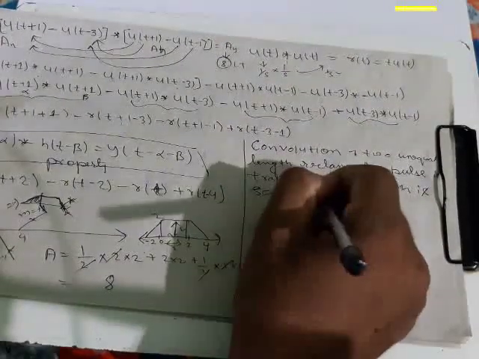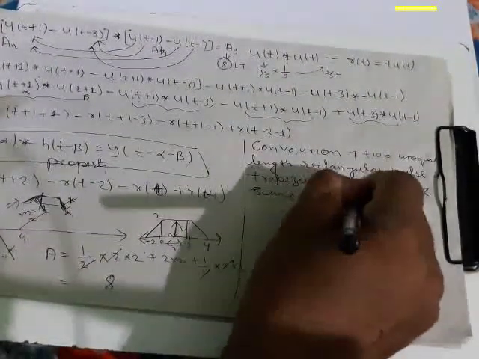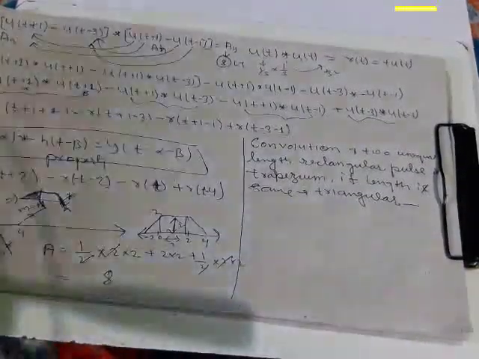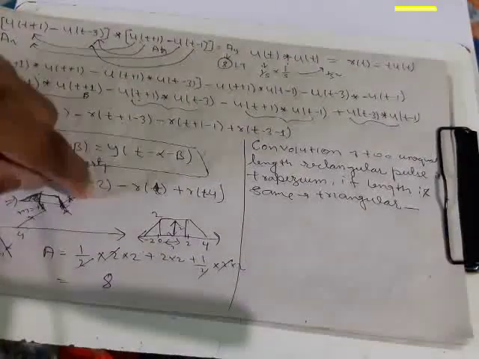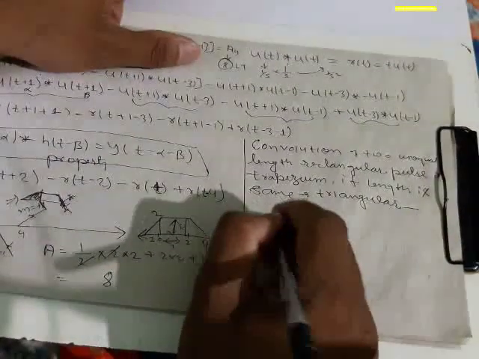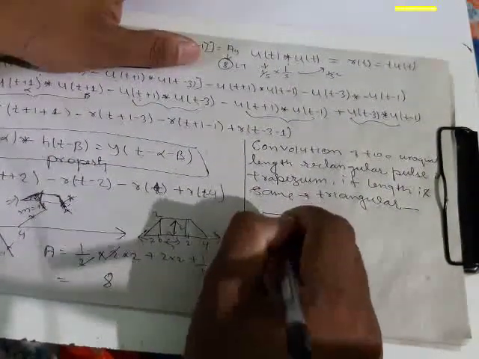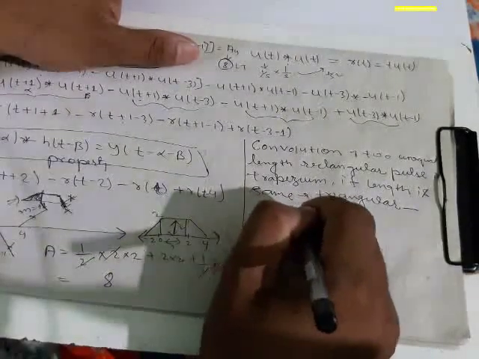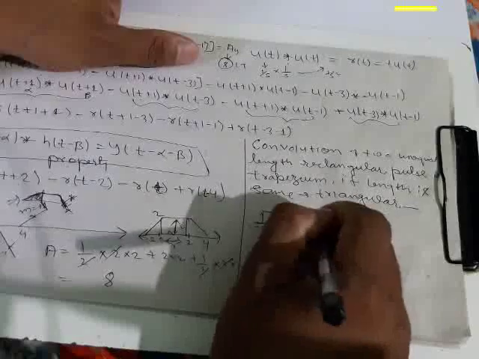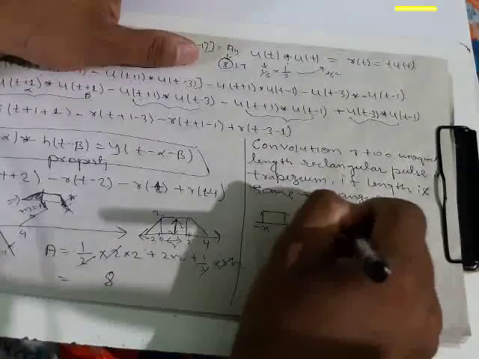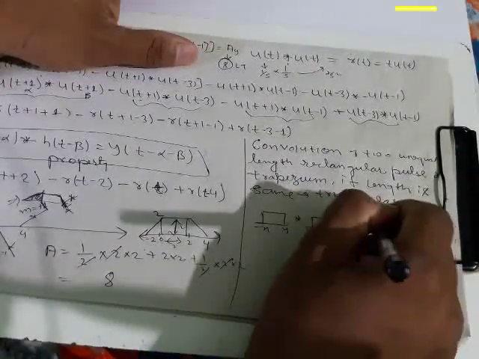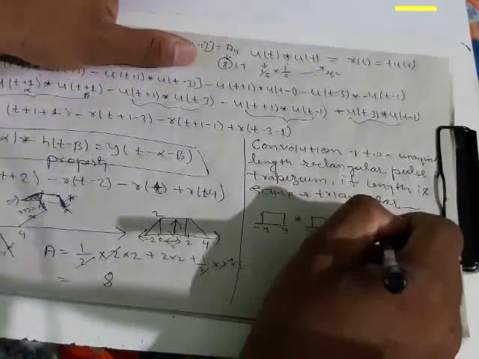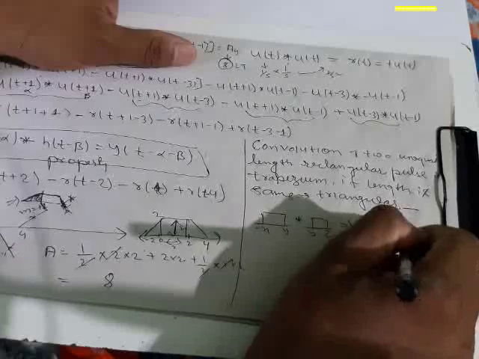Now can we write this into step functions as, for this signal, it is minus u of t plus 1 because it is minus 1.